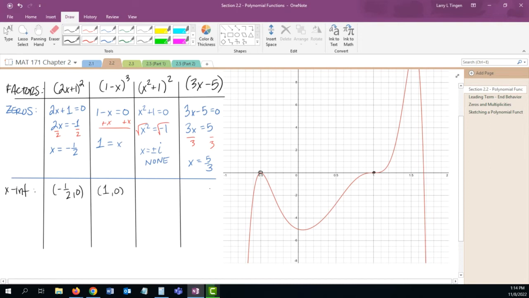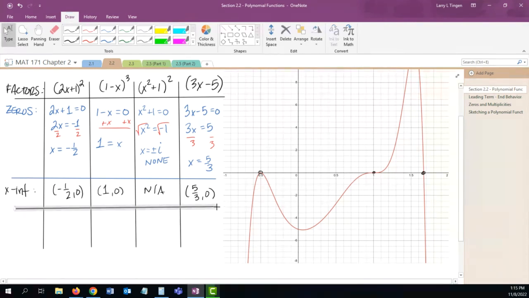There's the 1. This one is not applicable, because it does not have a real zero. And then lastly, (5/3, 0), and there it sits. So finding those zeros lets me find my x-intercepts.